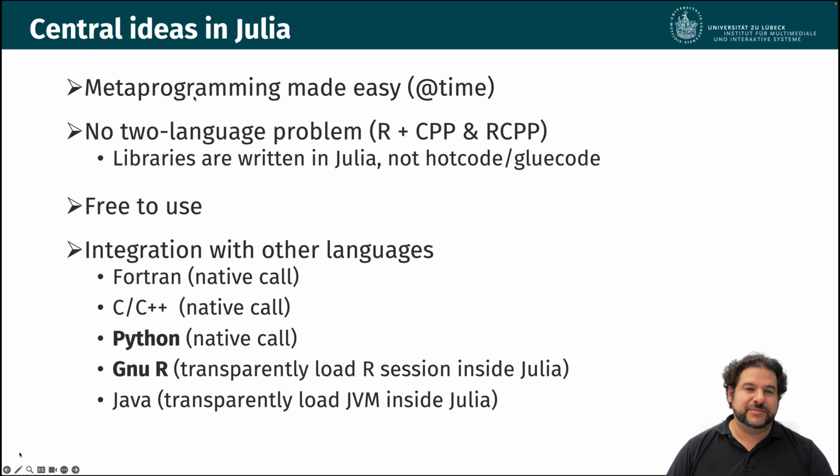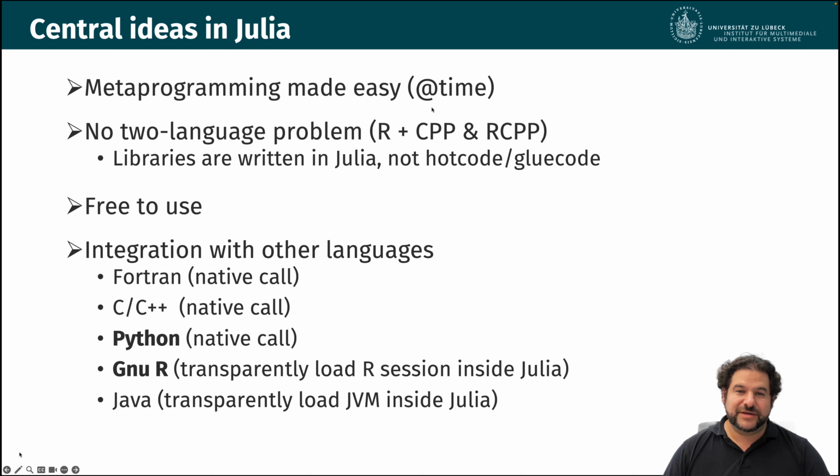One idea is that metaprogramming is made easy. We've seen this in the pre-course for the Julia tutorial, the @time macro, for example. It's a way of instructing code to be manipulated by code, so you can program on a higher level.